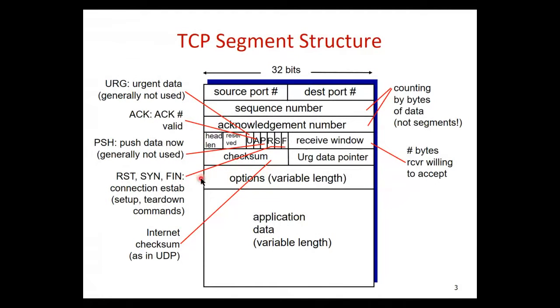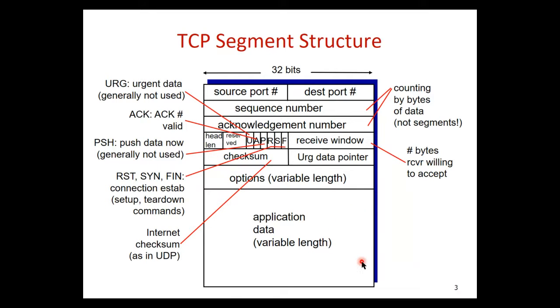Okay, this is the TCP header. Just to take an example, remember the HTTP protocol? You have the HTTP request message and the HTTP response message, and HTTP runs over TCP.